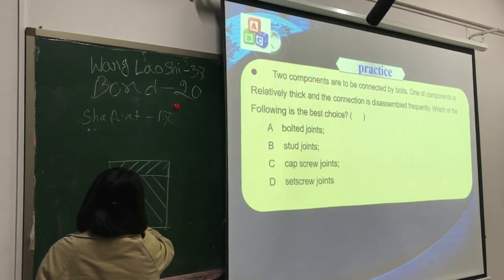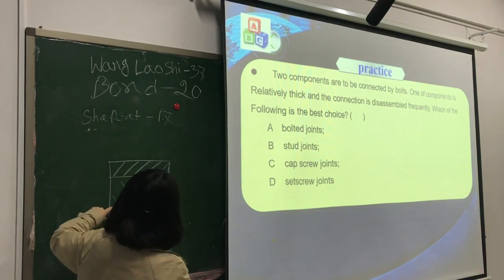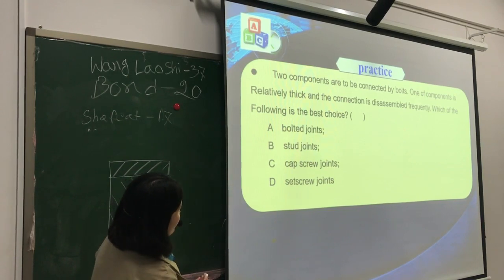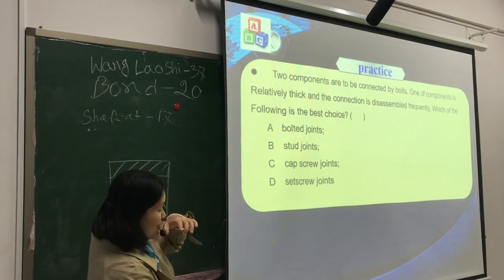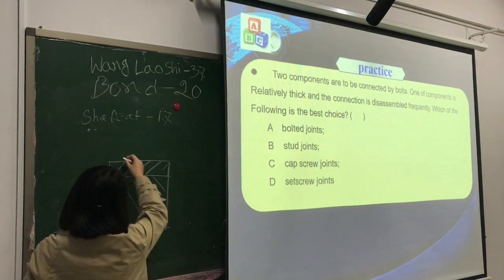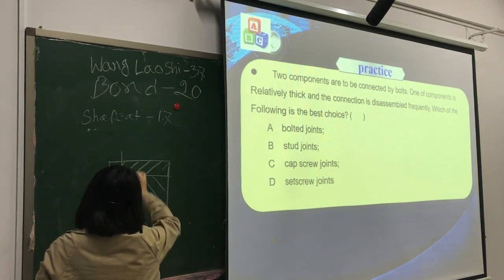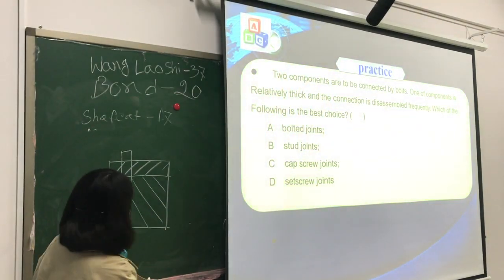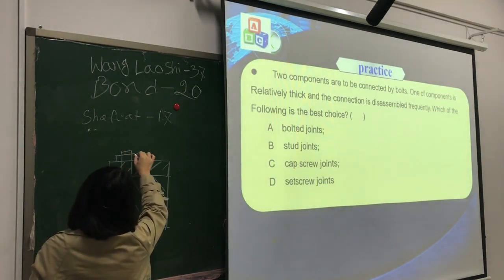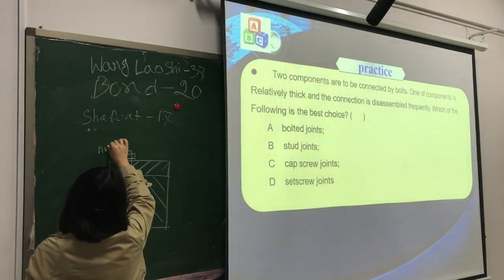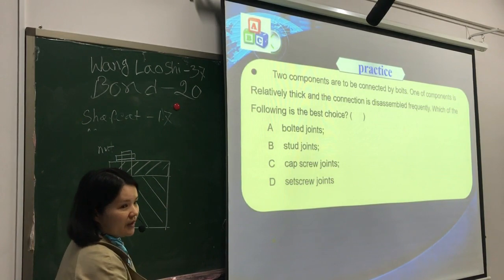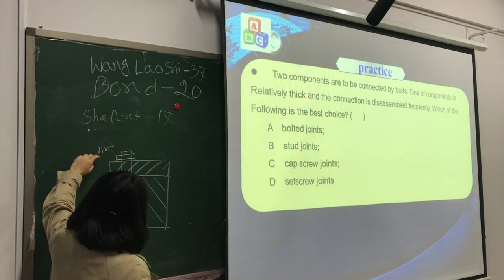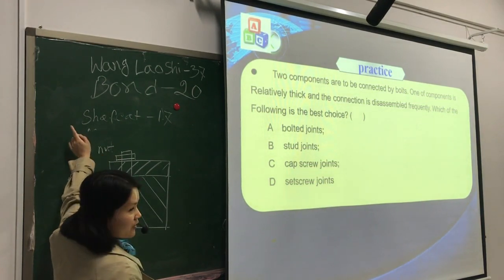For example, if the member is thick, we can use a stud or screw joint. The stud joint means you can use a bolt to connect the members, and we can use a nut. And we can disassemble it by moving the nut.